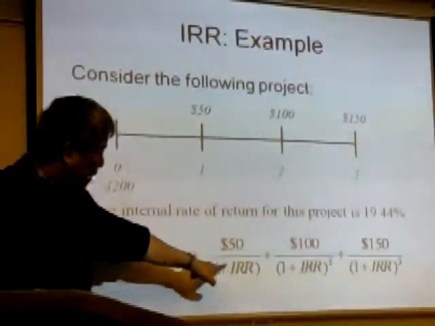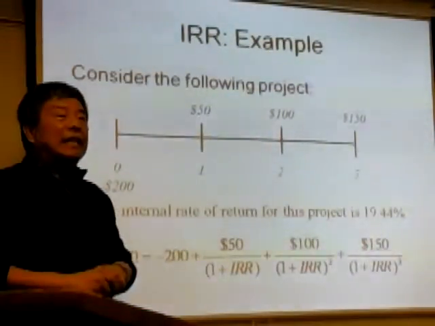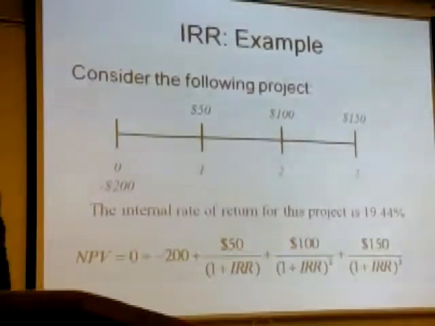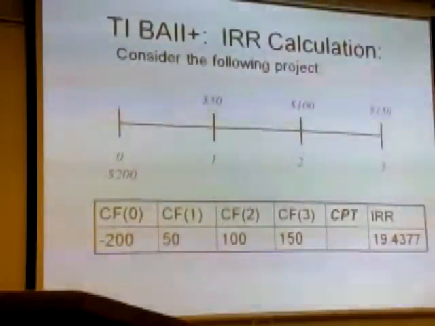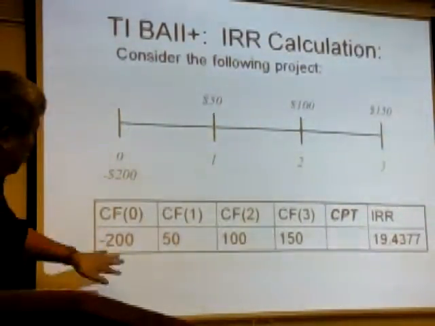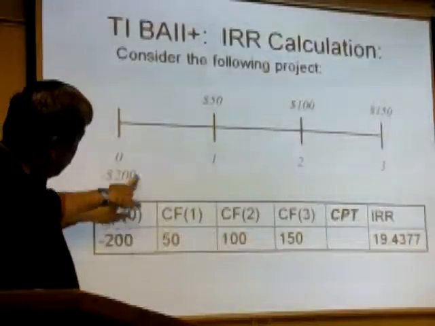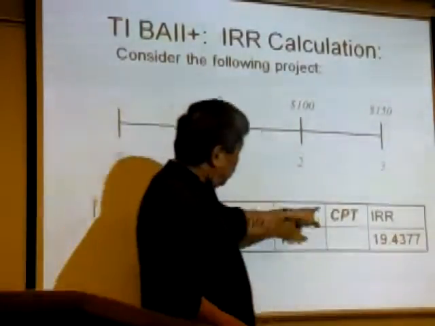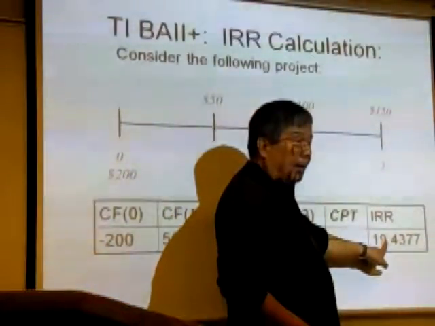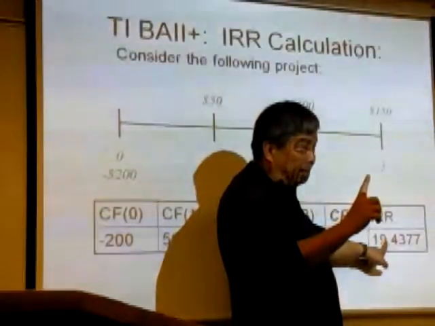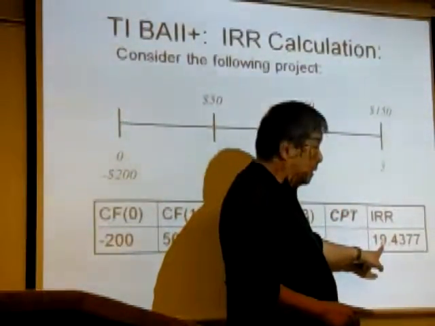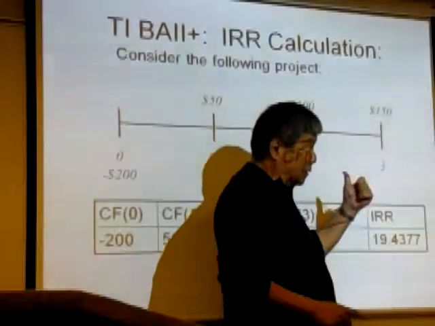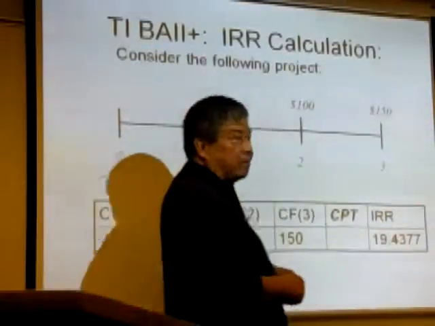You directly solve for the interest rate that makes this one equal to 0. For example, in the earlier example, you enter all those cash flows and you directly compute IRR. Example 1, IRR is 19. Cost of capital 8%, you accept this project.